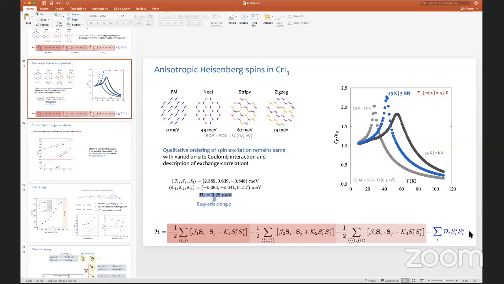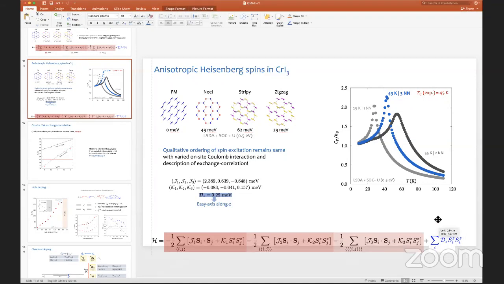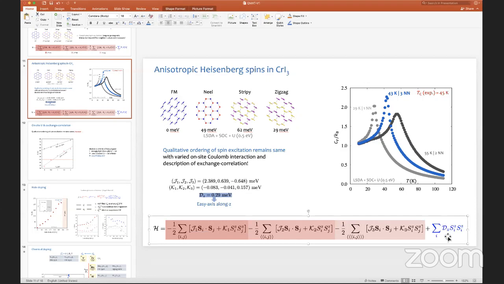So there is an anisotropic term here. Okay, I see. So it's an easy axis anisotropy. It's an easy axis anisotropy, exactly. So dz is along the z axis. Okay. Yeah, but it's still positive.